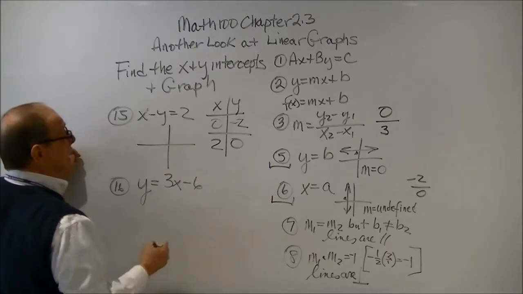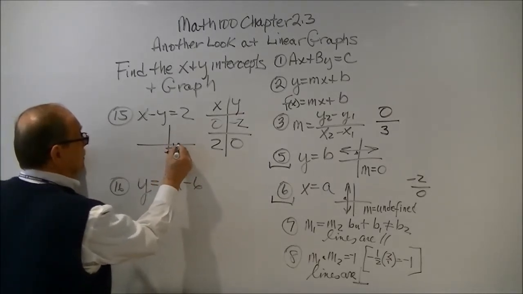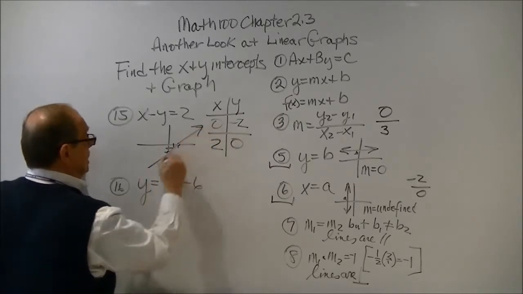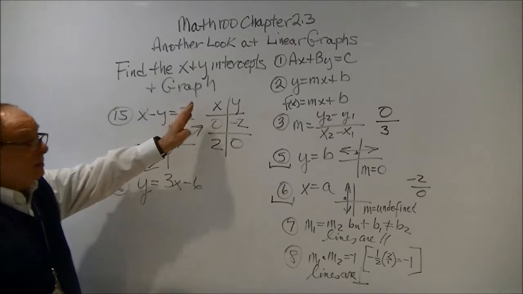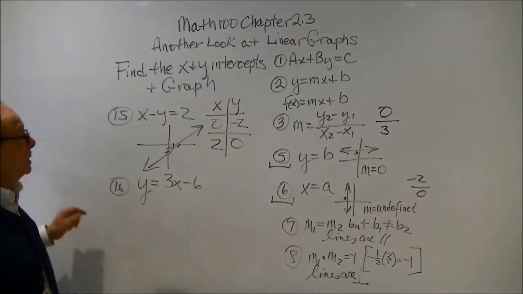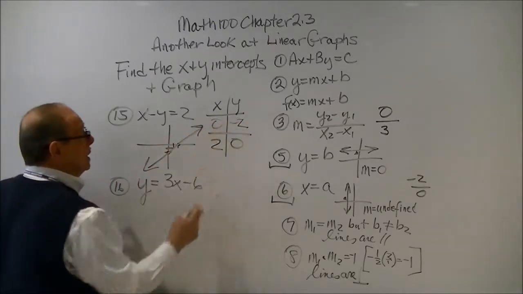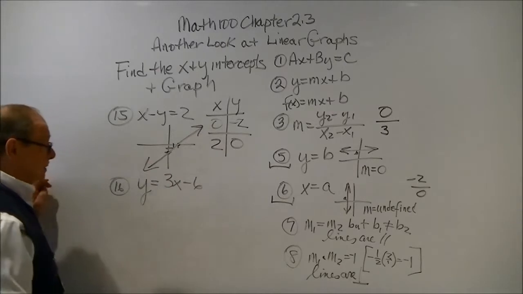And then to graph that, there's your -2, there's your +2, and there's the graph. We have used that special t-chart, the x and y intercept t-chart, to find our x and y intercepts. Plot them, and there's your 2 points.